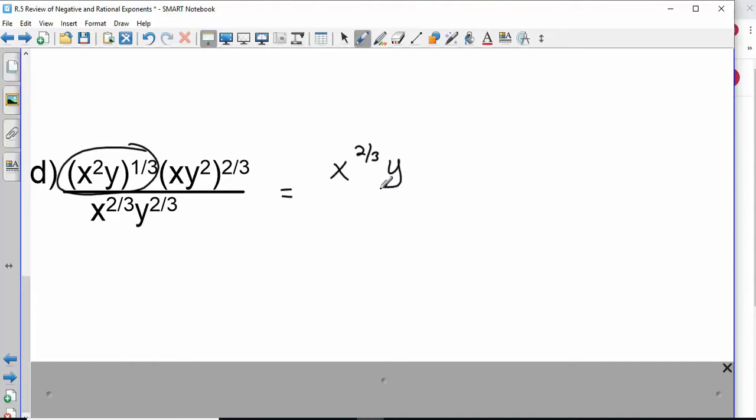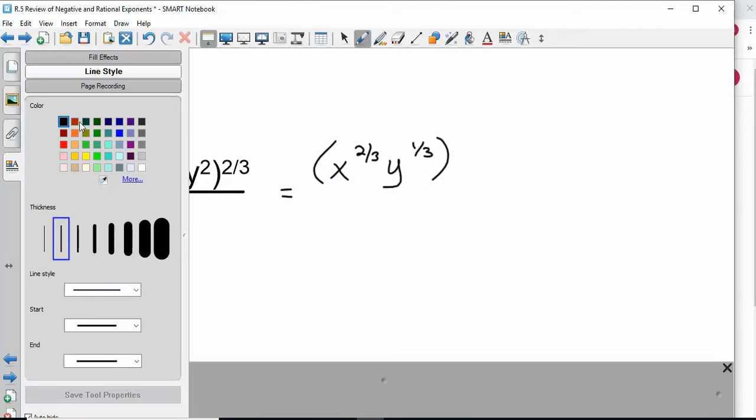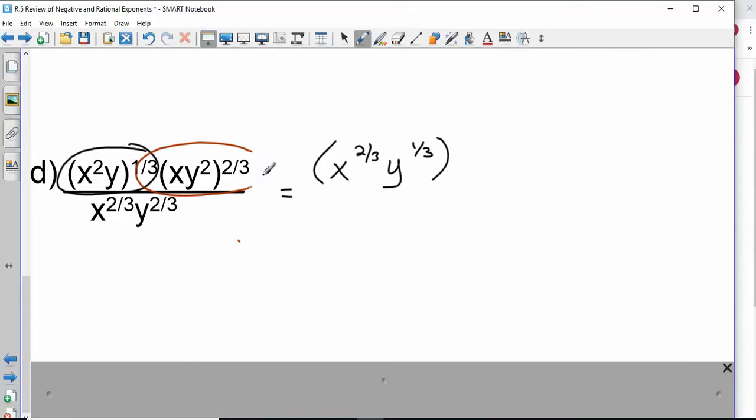My y, it was to the first, times 1/3 is just 1/3. Okay, now if we deal with the second group, x was to the first, so that becomes x to the 2/3. Y, 2 times 2/3 is 4/3.